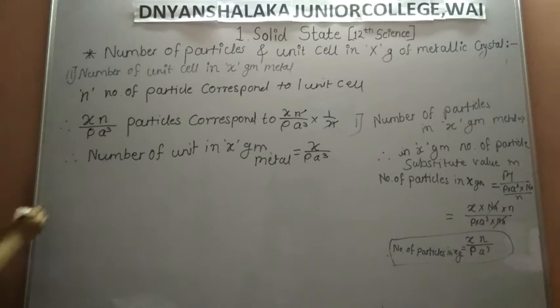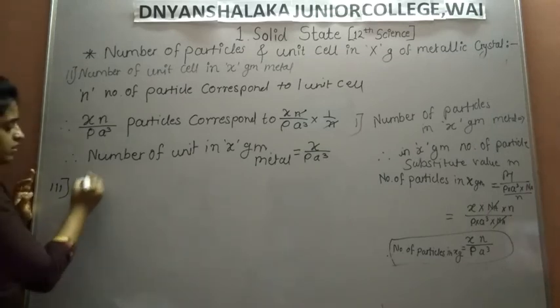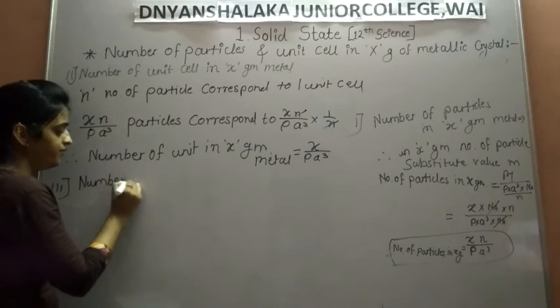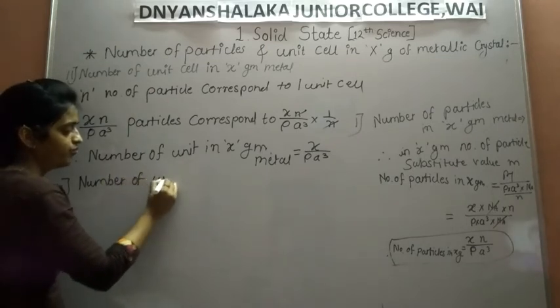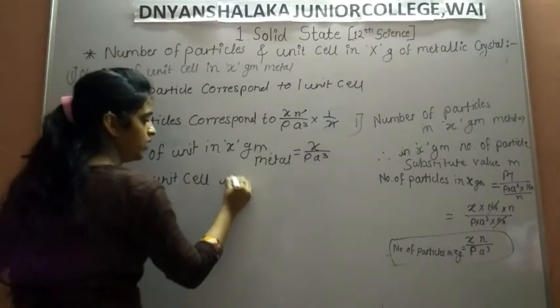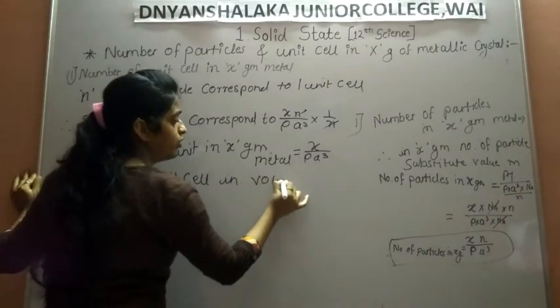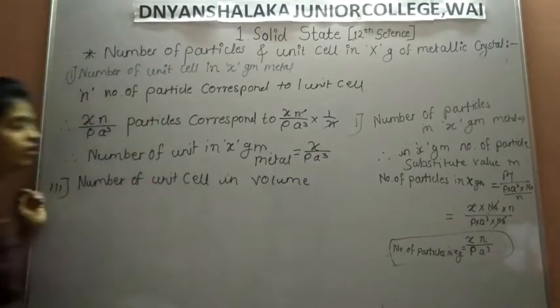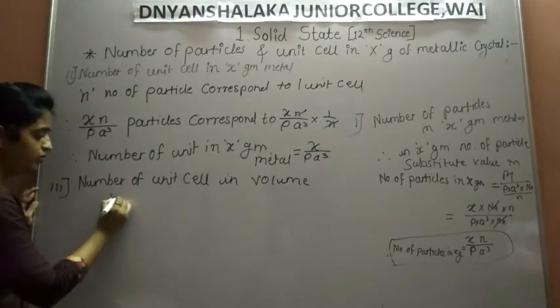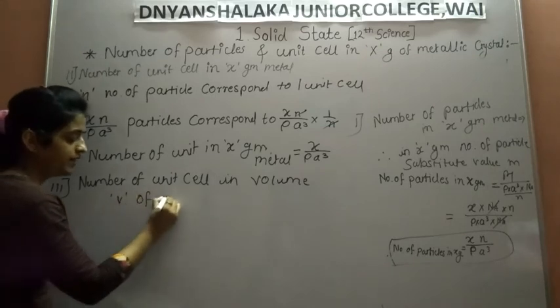So next we have to find out the third point, number of unit cell in volume. The volume symbol is V of metal.